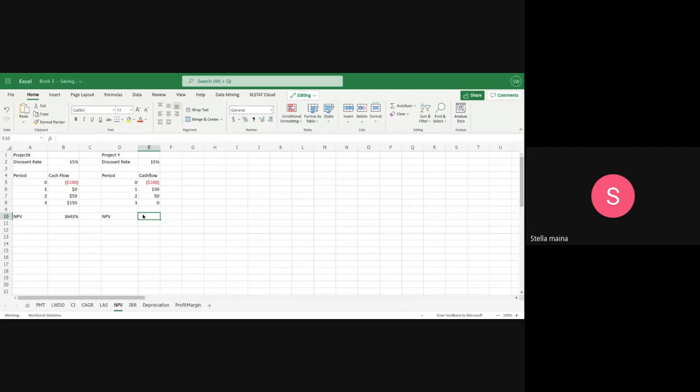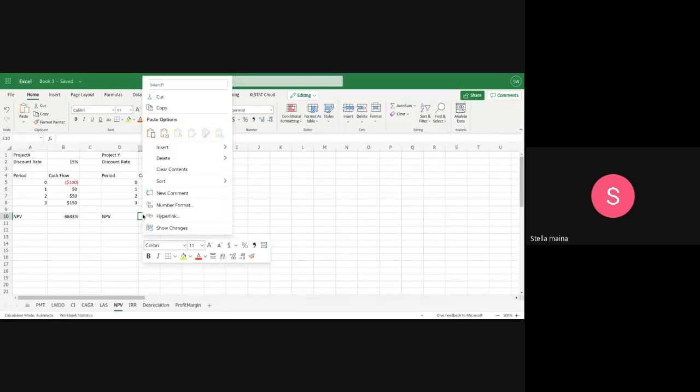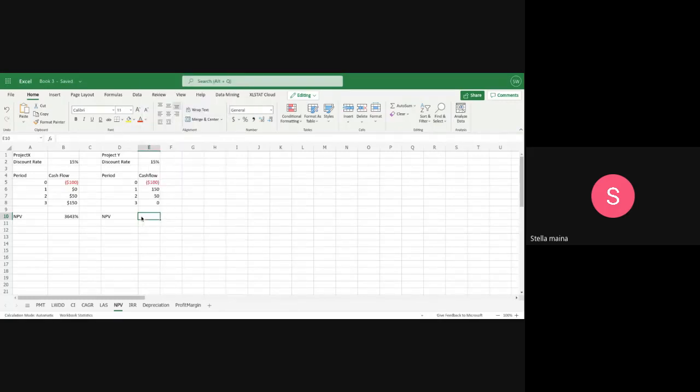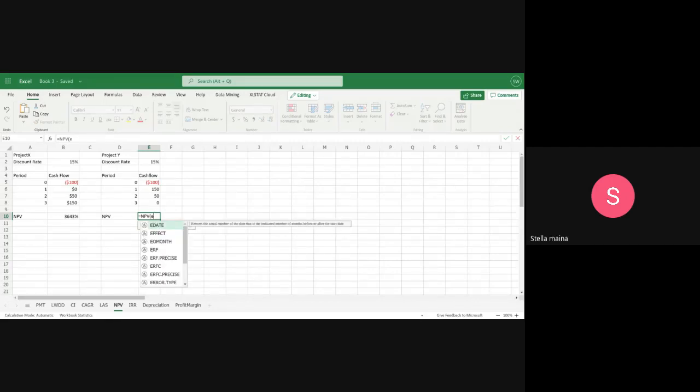for this. So I'll just go ahead and say NPV, with my rate, which is E2, and I just prefer using everything in caps just to be clear.